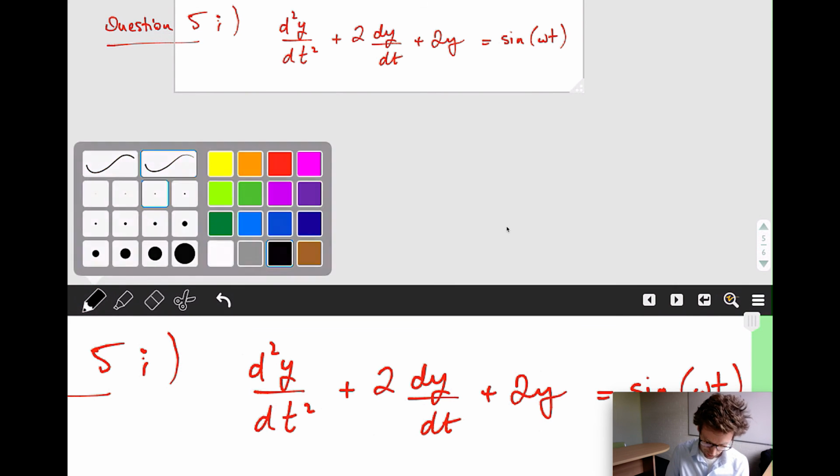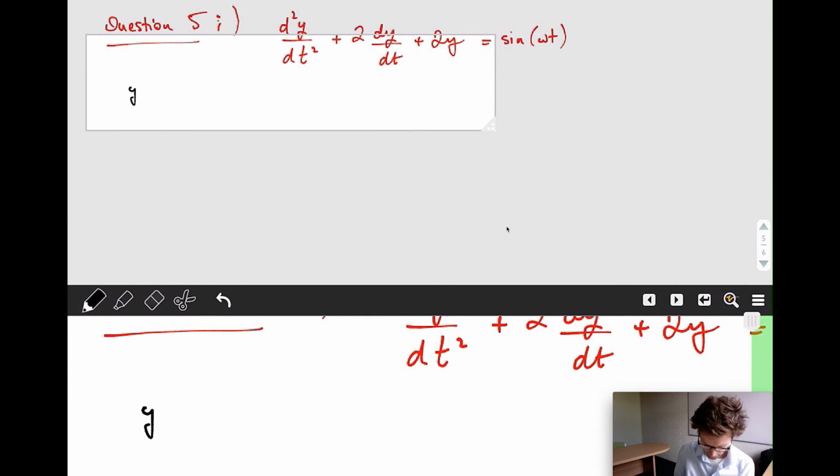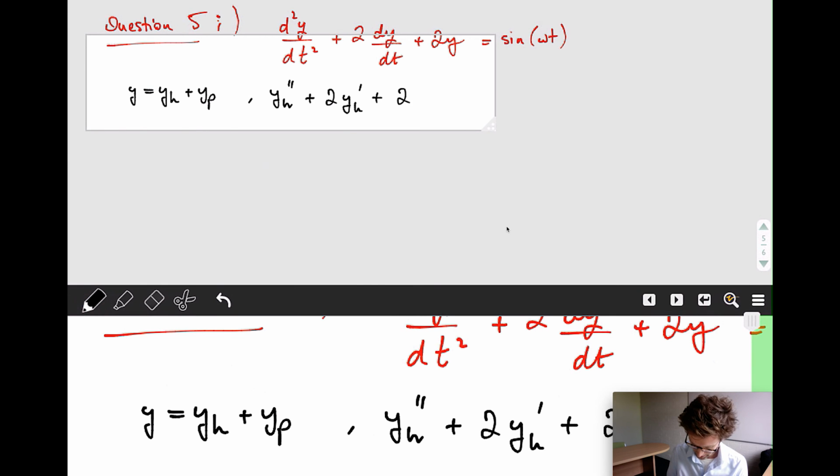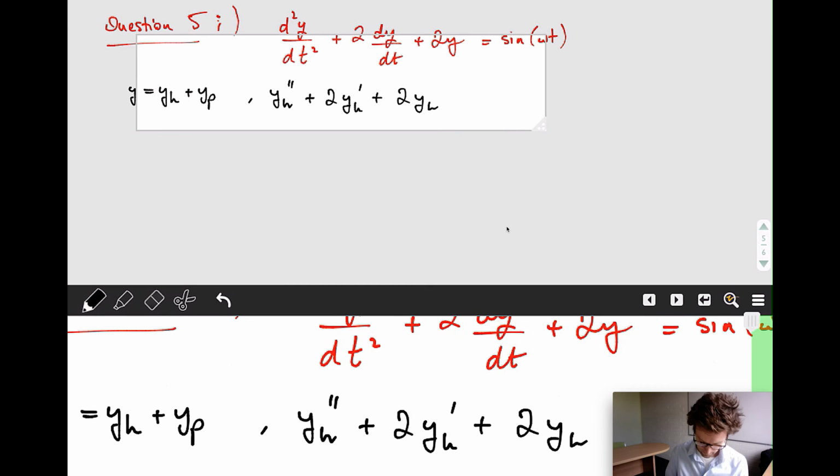To find the solution, we're going to write y is equal to the homogeneous piece plus the particular piece, where the homogeneous piece solves the equation with no right-hand side. I'm going to use primes to denote derivatives with respect to t.